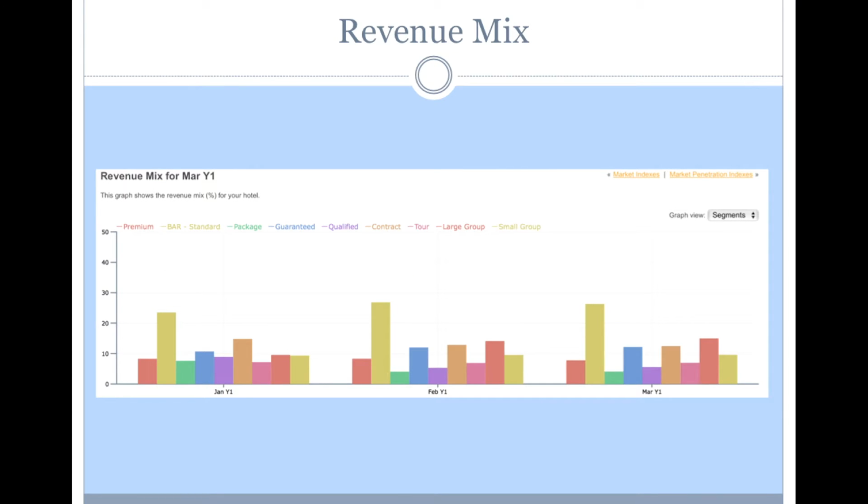In this slide, we are going to talk about the revenue mix that came into our hotel. We started our strategy to gain more income from the standard segment in the second month and stuck to the same all the way to the end.